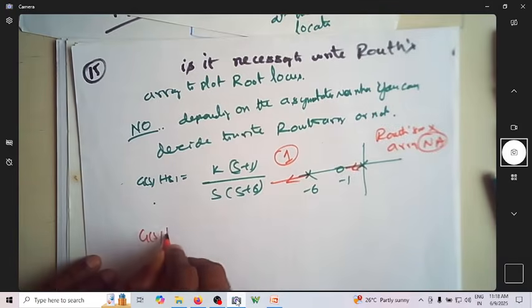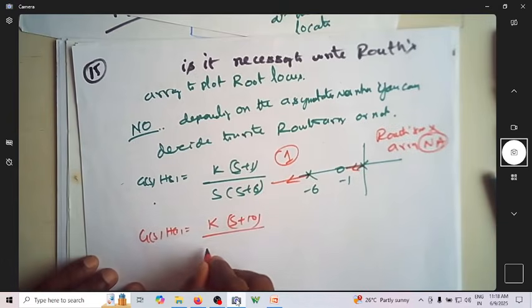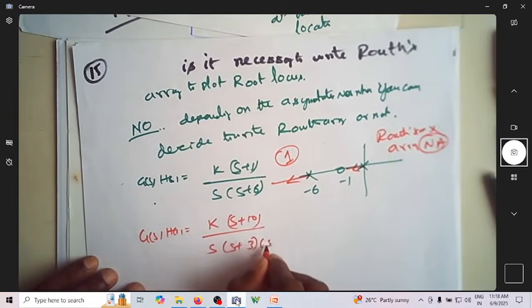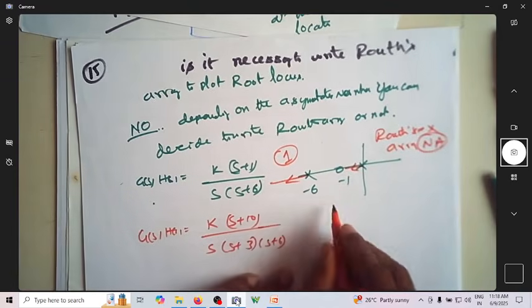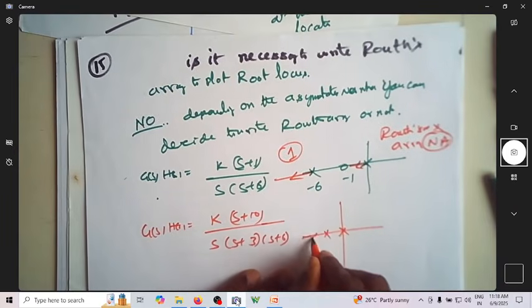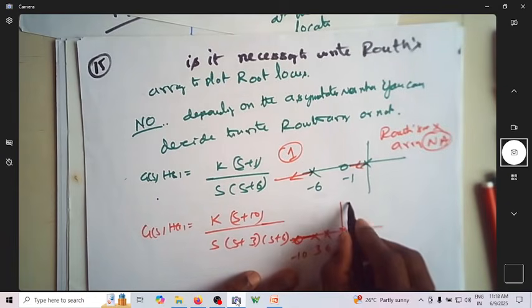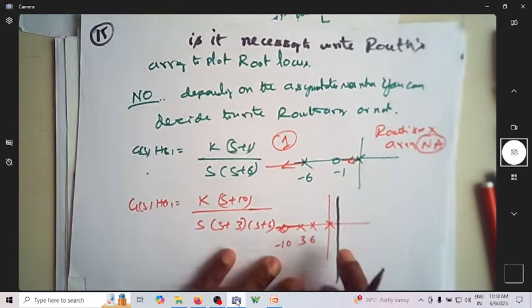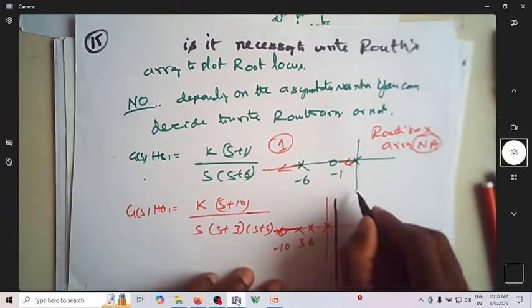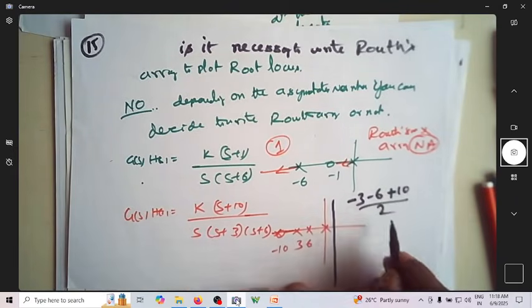Just consider the case where G(s)H(s) equals K into (s+10) over s(s+3)(s+6). Now see, you have one pole here, one here, one here, and a zero at minus 10. This is 3, this is 6, and this is 10. So where is the centroid? The centroid comes to the right hand side, because it is minus 3 minus 6 plus 10 by 2, so it is at 0.5.